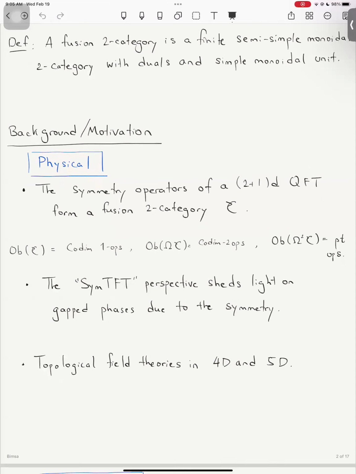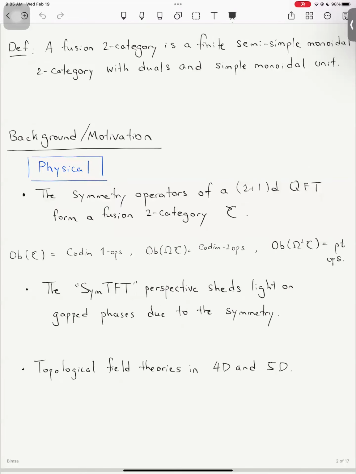The fact that this category is semi-simple is going to be quite important in our discussion today. These are only capturing the semi-simple symmetries that one really cares about from a physical point of view. But it turns out that there's lots of information that a quantum field theorist would already care about that the semi-simple category can tell you.